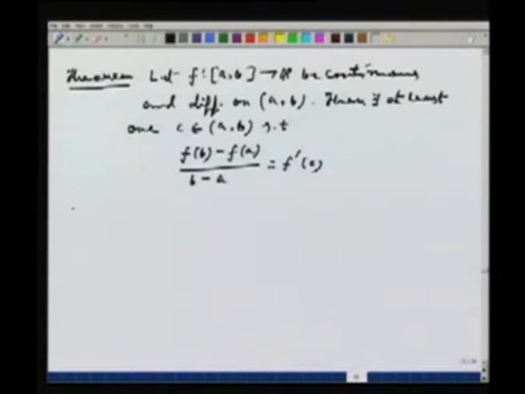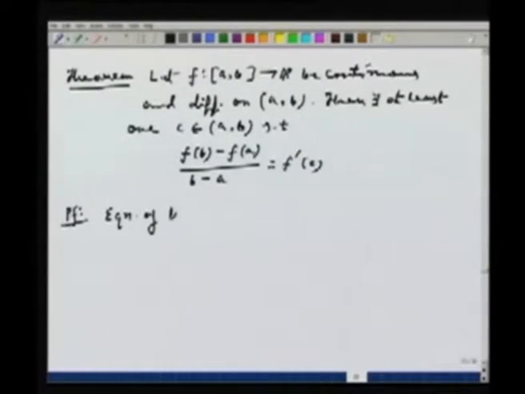How do you go about proving it? If you notice the previous thing carefully, we are actually dealing with 2 functions. One function is certainly the given function f(x). Another function is the line joining (A, f(a)) and (B, f(b)). So, I will again write down the equation.